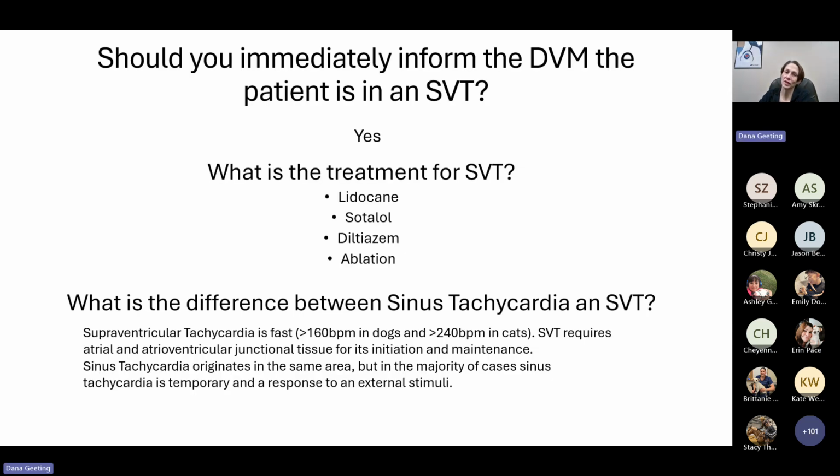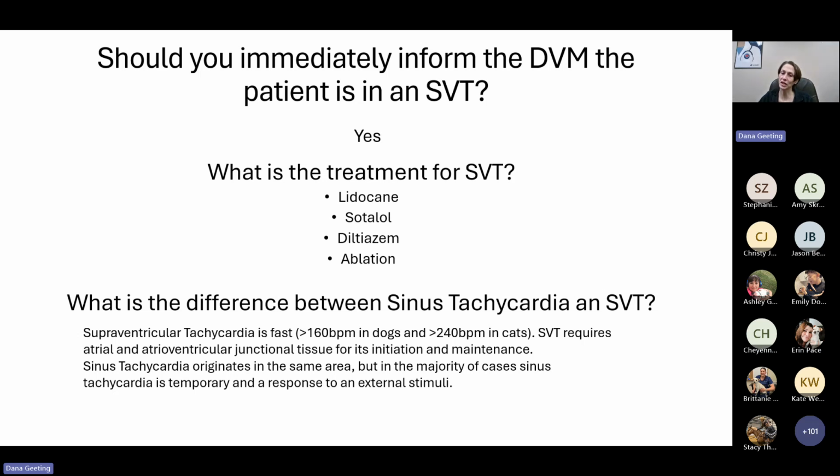This is definitely something that you want to inform your vet that the patient is in, because most likely in dogs, your heart rate is going to be above 160, and in cats, your heart rate is going to be above 240. Lidocaine, sotalol, diltiazem, and/or an ablation are the common treatments for SVT.